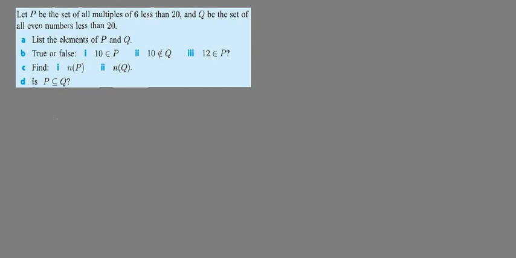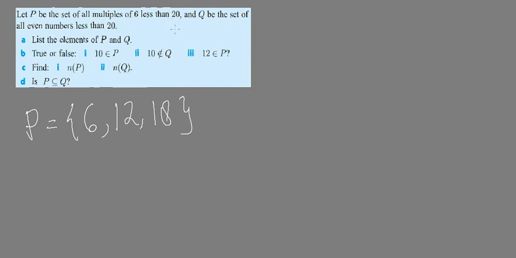We have set P, which is multiples of 6 but less than 20. We have 6, and then 12, and 18. That's it. Multiples of 6 less than 20.